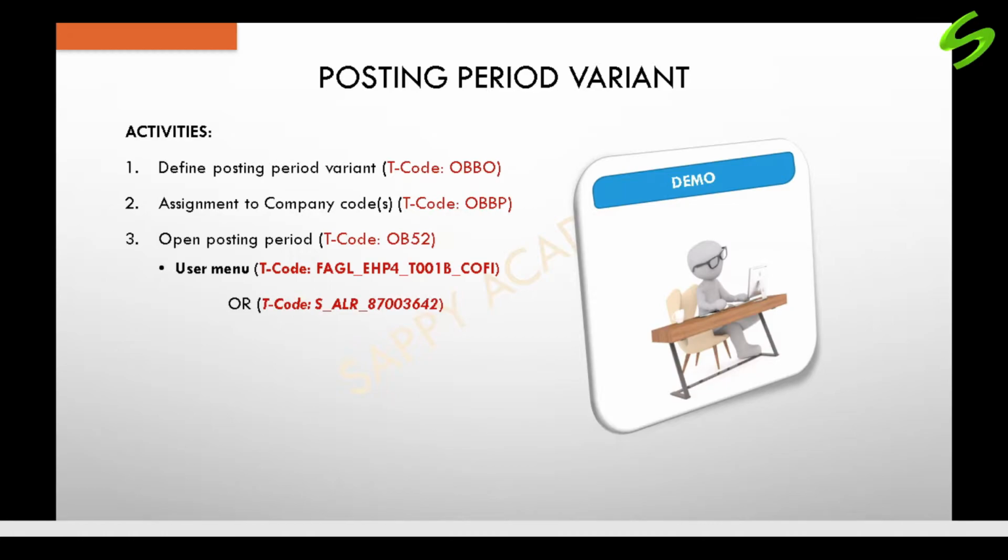Let's define posting period variant. And then in the second activity, we will assign the posting period variant to the company code. And then in the third activity, we'll open posting periods to post business transactions.